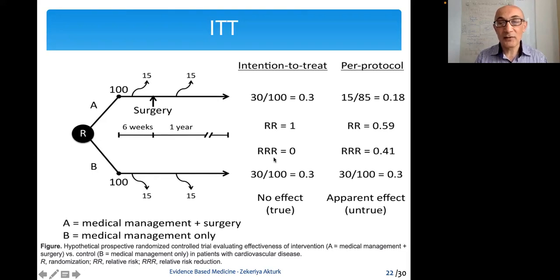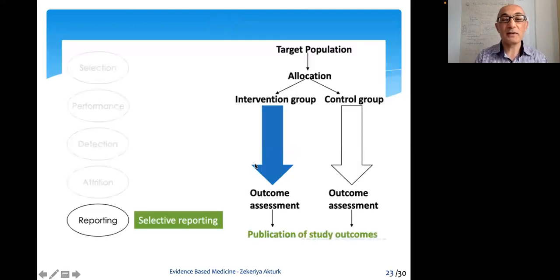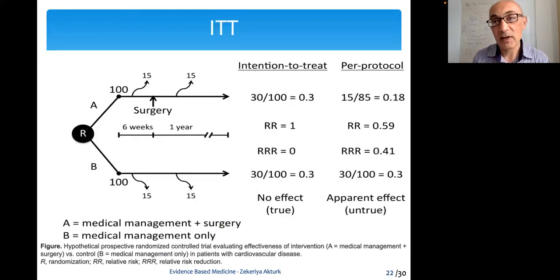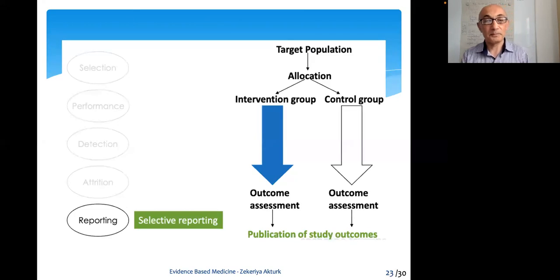So the relative risk reduction is different also, and the significance is different also. That's why we should always take care of this attrition bias during the analysis phase, take care of whether people have moved from one group to the other group, and always try to make our analysis on an intention to treat basis.